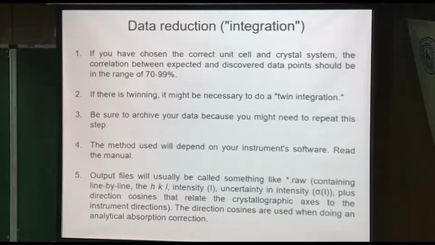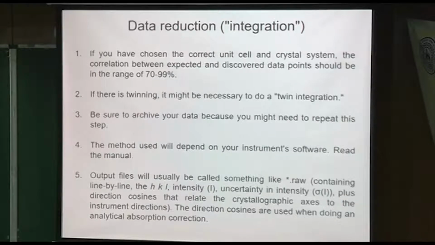So I'm going to show you an example here where there's a lot of things that are important. If you've chosen the correct unit cell and crystal system, and then you're doing data reduction, you should see upwards of 100% correlation between where the spot is found and where it's expected to be found.